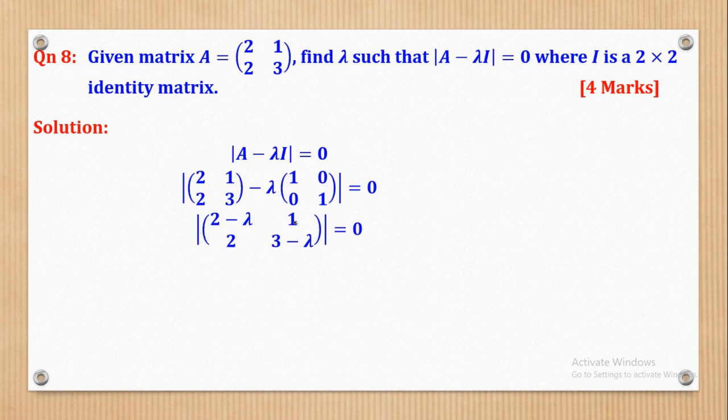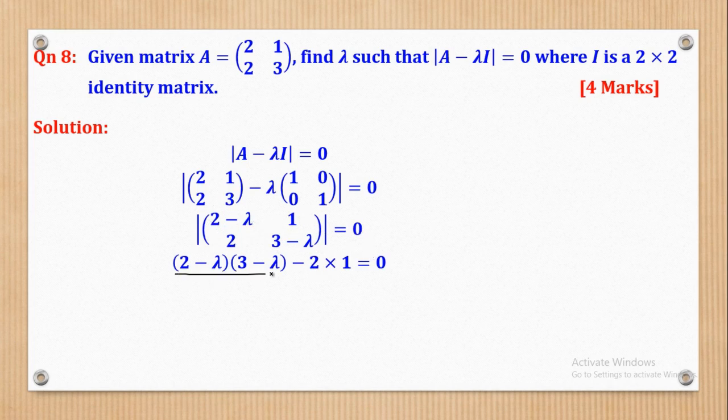So this magnitude sign means determinant. Therefore, we shall get the determinant, which is the product of entries in the major diagonal, this times this, minus the product of entries in the minor diagonal, which is 2 times 1. But the total is equal to 0, so you maintain that 0.